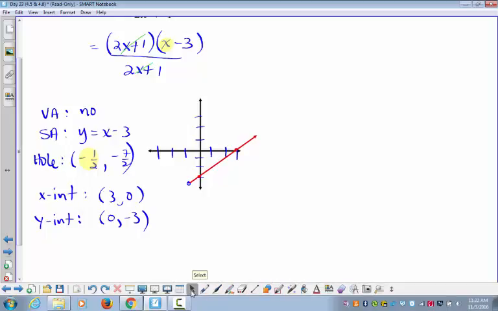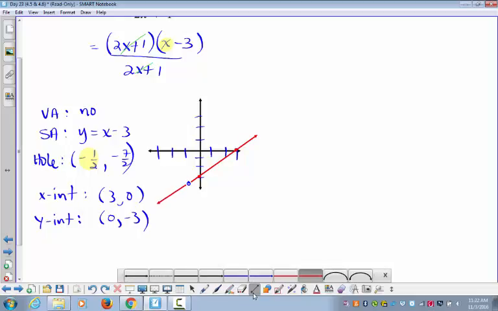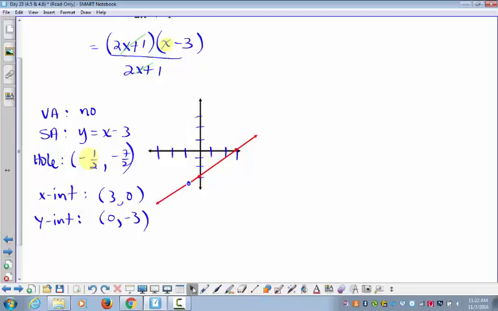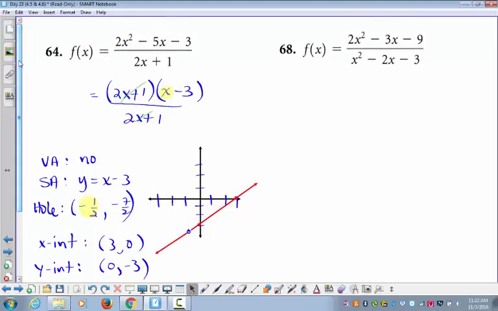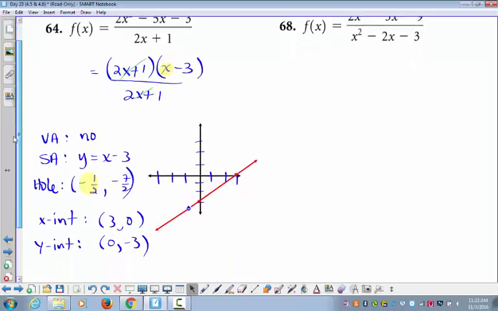So a punctured line. That'll be our graph. So it's kind of superfluous to refer to the x minus 3 as also an asymptote, but technically when we start with a rational function, we would call it an OA or an SA.